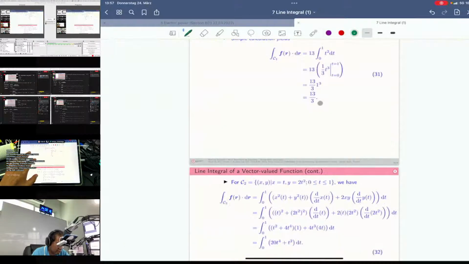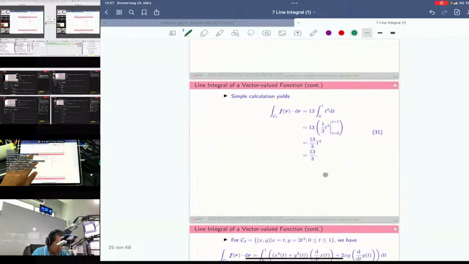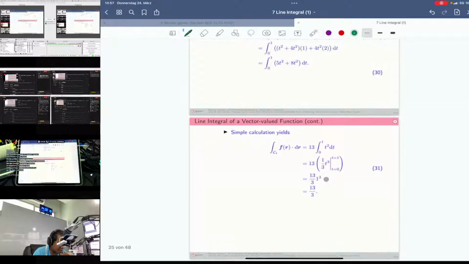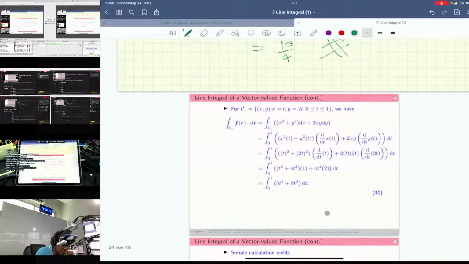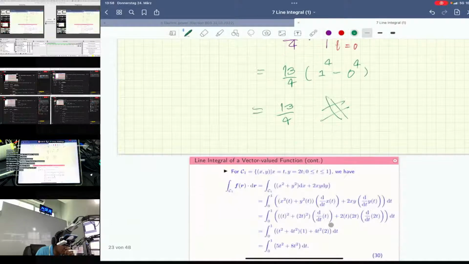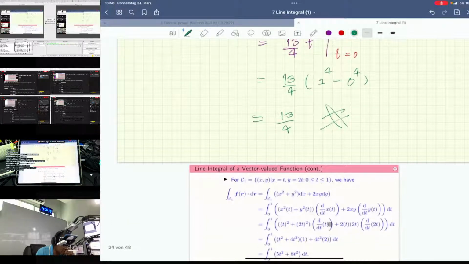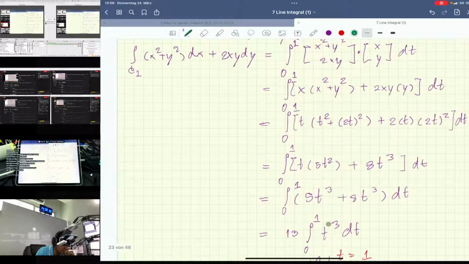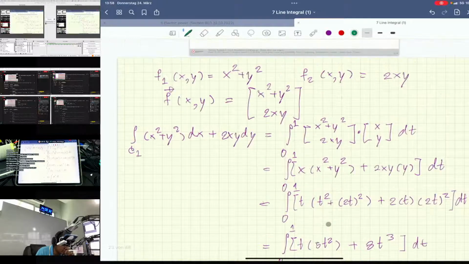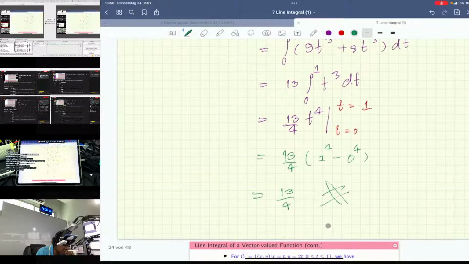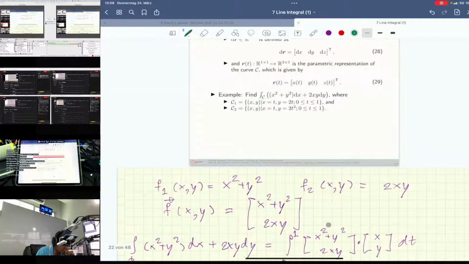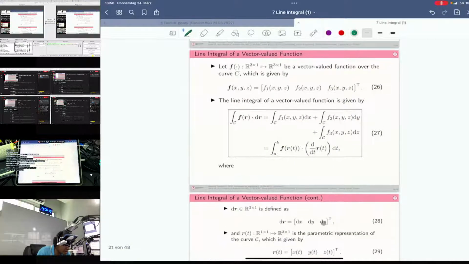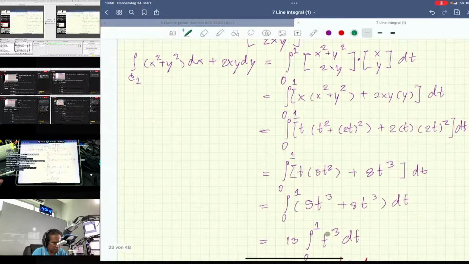13 by 3. Oh my god. Why 13 by? Let's see what x squared plus y squared. Oh, I'm sorry for that. Here you need to differentiate it with respect to t too.